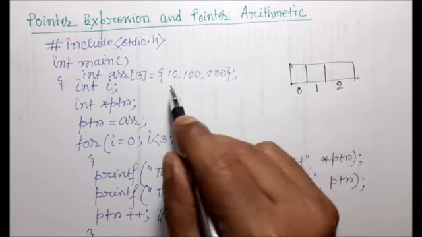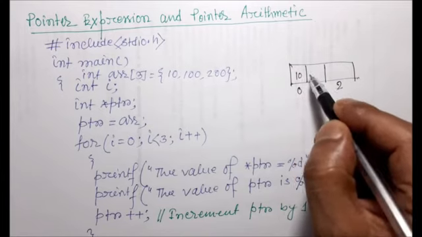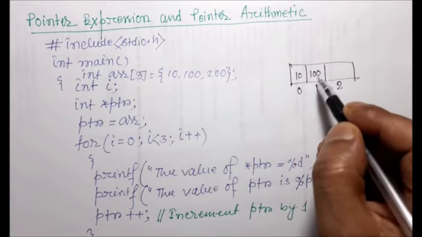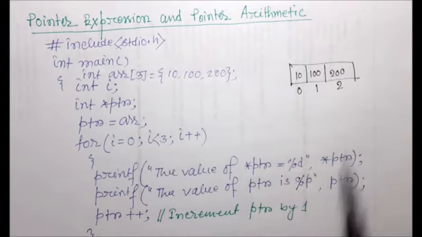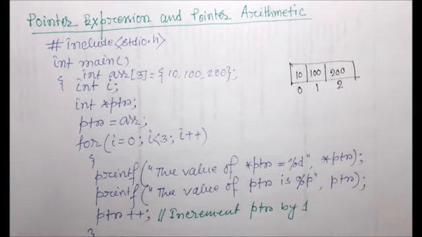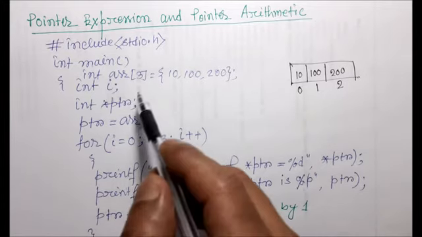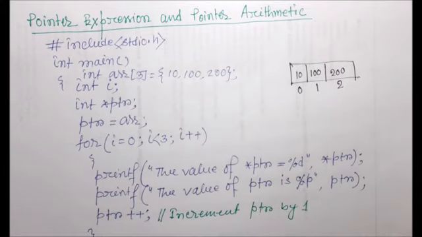The first value at the 0th location is 10, the second value of this array is 100 and the third is 200. From this line we can say that we did the declaration and initialization in one line, and then I have taken an integer variable and an integer pointer.